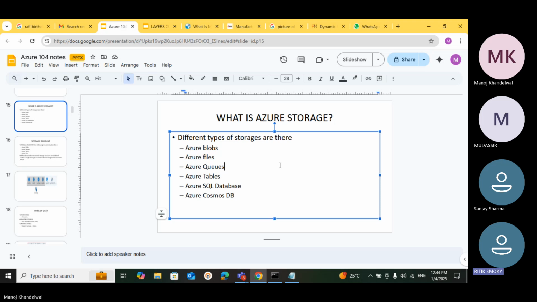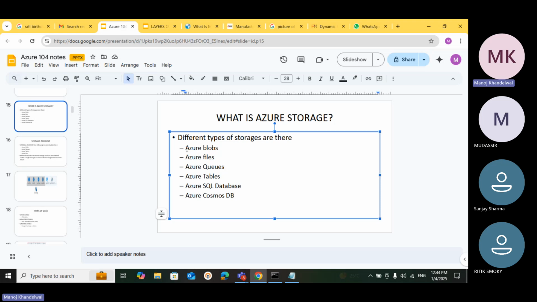You have just mentioned that a storage account contains the properties. So what do you mean by properties? Properties of what? Properties means the region, which region the storage account is located.